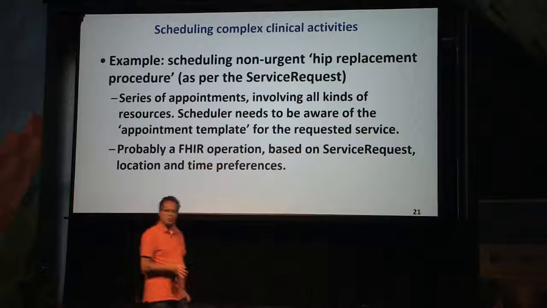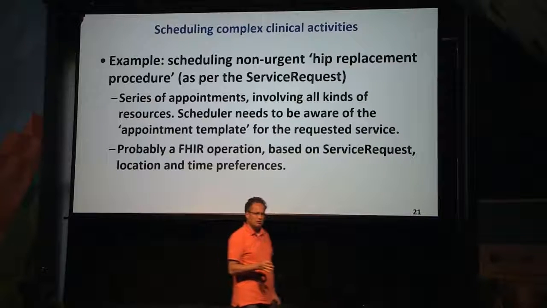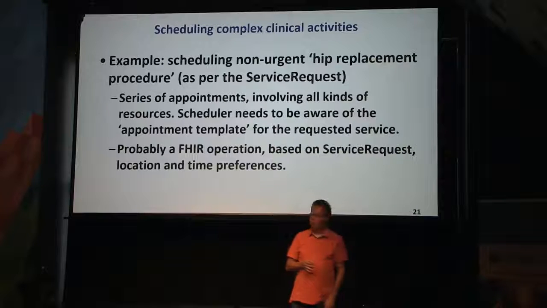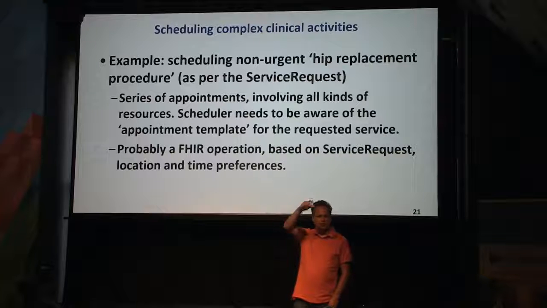Now, if you want to schedule complex clinical activities, okay, let's say you want to schedule a hip replacement procedure, well, you can imagine that involves a whole series of scheduled appointments and a whole series of resources. Now, you could probably define this. There is a care plan resource, or a plan definition or something.